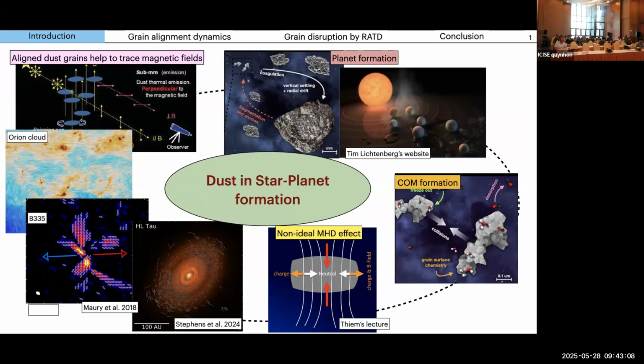The grain coagulation not only makes micron size grains, but also millimeter and kilometer size bodies, which would be the seeds for planet formation. Dust grains also gain ice mantles due to the colder temperature inside the protostellar core. They also provide the surface for complex organic molecules such as methanol and ethanol to form.